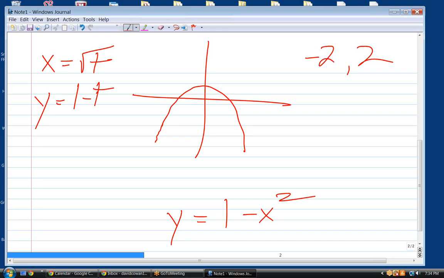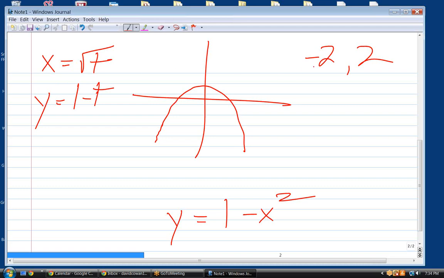What is the x-coordinate when t is -2? Aha, we got problems. It's not defined. You sure that t goes from -2 to 2? Okay. Well, we obviously have a problem at -2. We can't take the square root of a negative number.